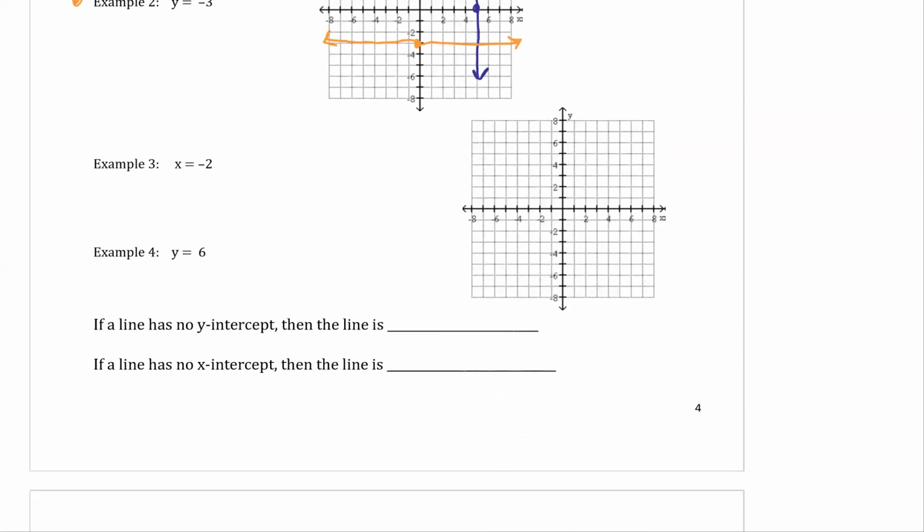Example 3, x equals -2. Go to -2 on the x-axis. Draw a vertical line. Example 4, y equals 6. Go to 6 on the y-axis and draw a horizontal line.